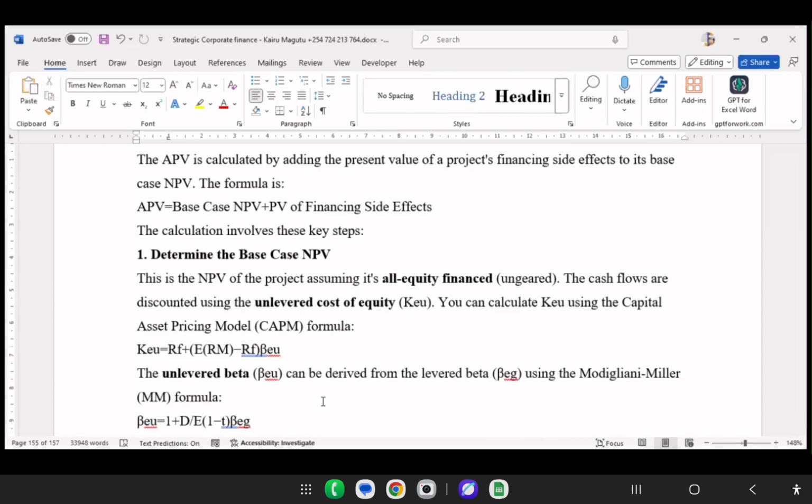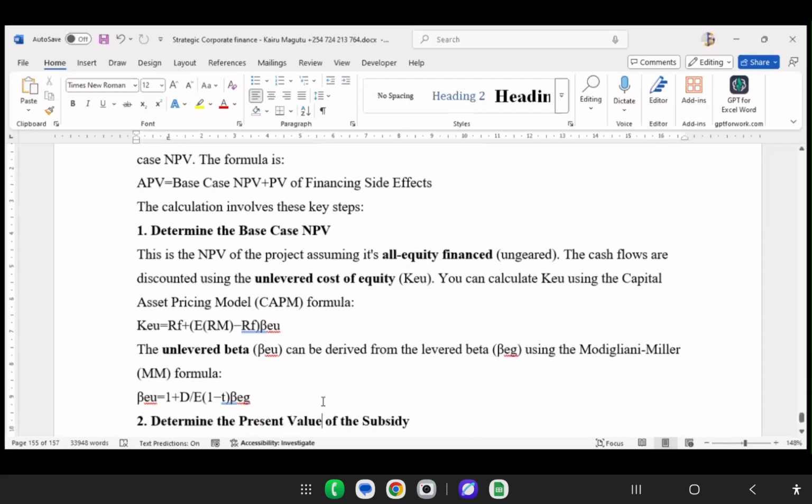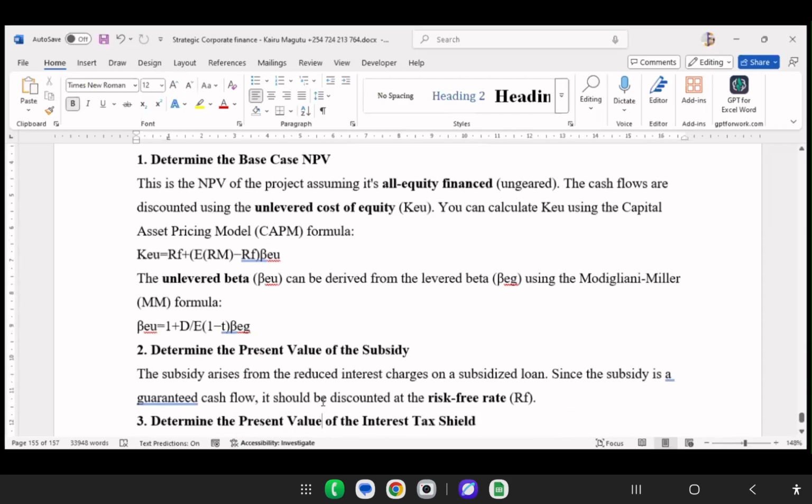The unlevered beta can be derived from the levered beta using Modigliani and Miller. We discussed that. We said that beta of equity for an ungeared firm is equal to 1 plus D over E, subjected to 1 minus tax, multiplied by the beta of equity for a geared firm. That is number one, determine the base case NPV.